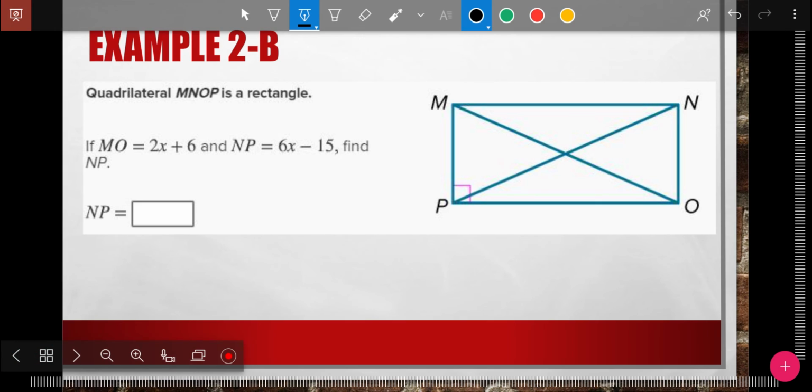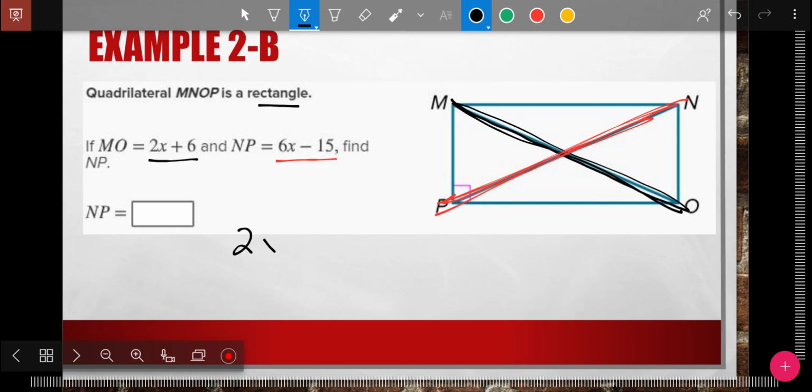Again, it says the whole thing is a rectangle. MO is the whole diagonal, so this whole diagonal right here is 2x plus 6. NP is the whole diagonal, right here, and it is 6x minus 15. We know because it's a rectangle, diagonals are congruent.